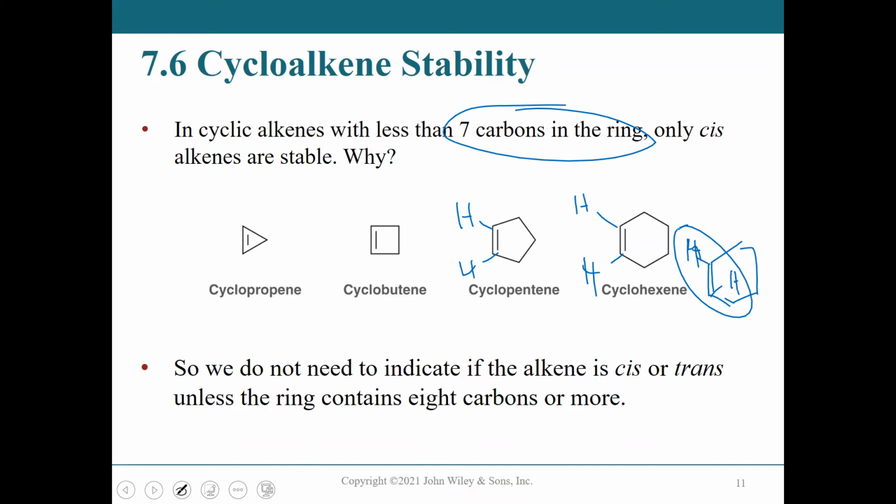There are not enough atoms in cyclohexene or cyclopentene to make a turn. So you can only have it in rings that have 8 or more carbons. For example, cyclooctene is big enough. Let me show you.